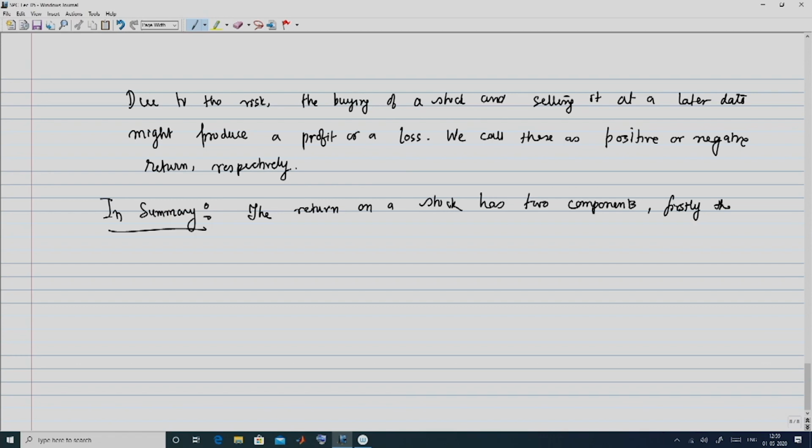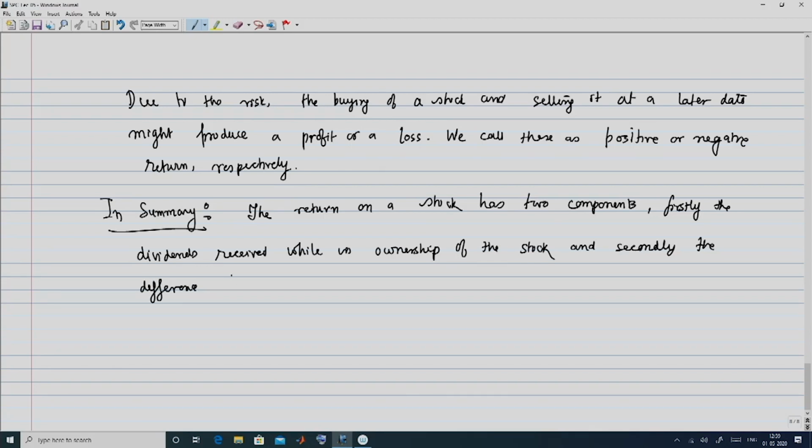Firstly, the dividends received while you are in ownership of the stock, and secondly, the difference between the price at which the stock was purchased and the selling price.